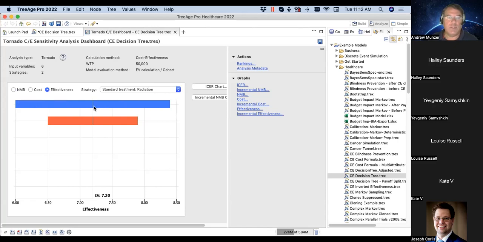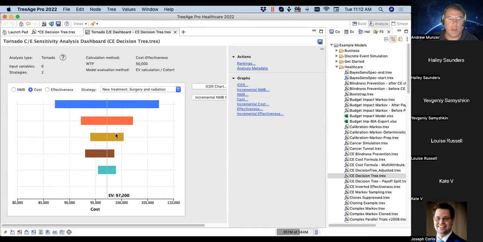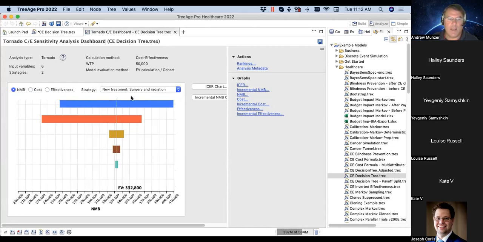Well, there are really only two parameters that affected the effectiveness of the radiation or the surgery and radiation strategies at all. Whereas some of these other ones affected the cost, and a lot of them affected the NMB. So again, you can't really draw your endpoint conclusions from this dashboard and this graph.